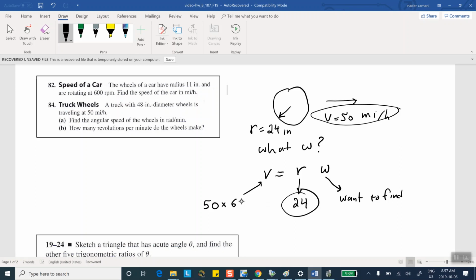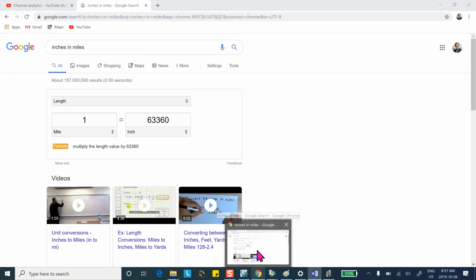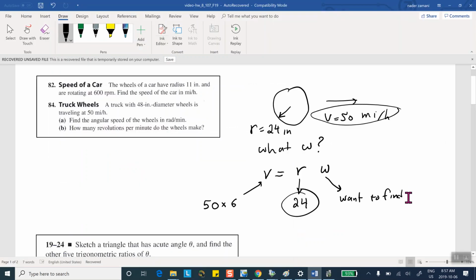Remember the conversion factor was 3, I think it was 3. Can't remember. 63360. Now, if I find omega out of this relationship, the unit of it is going to be radians per hour.